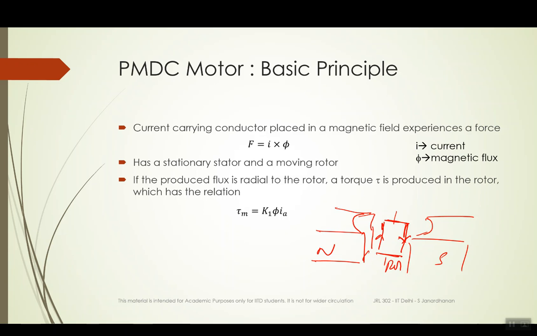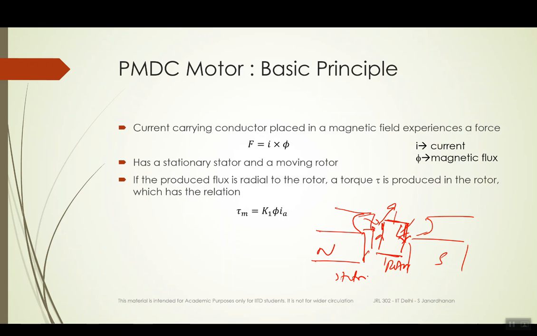So this is the rotor, this is the stator, you have current flowing through the rotor. Then if the current is always radial at all times, this will produce a force that will move the rotor.